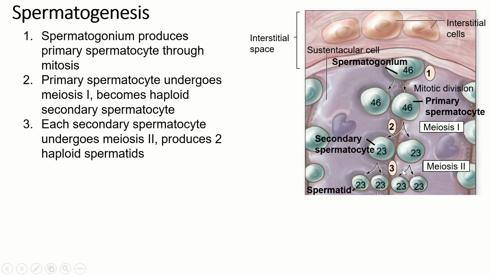Then they go through the second meiosis division, split again, separating the duplicated DNA in each chromosome, and you end up with 4 spermatids, which are each haploid. That means they have one of each chromosome, and so they have a total of 23 chromosomes.